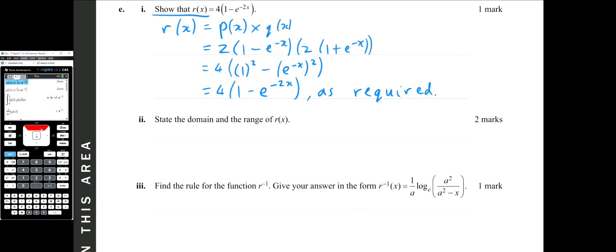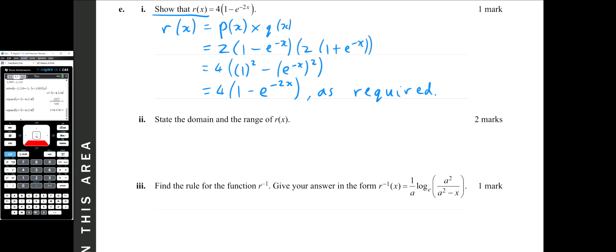Right, state the domain and the range of r of x. The domain of r of x is just going to be all real numbers, given that the domain of p and q was all real numbers. You can also verify that on the CAS.